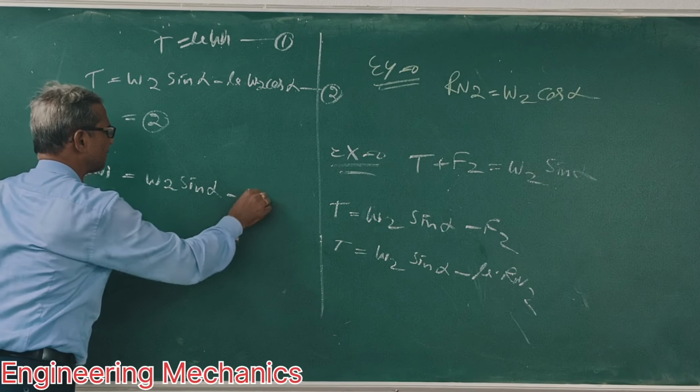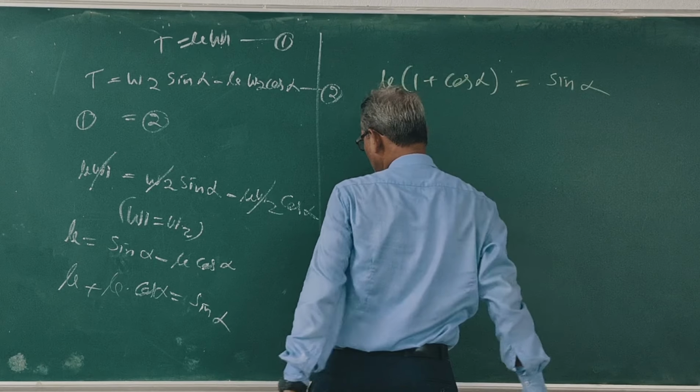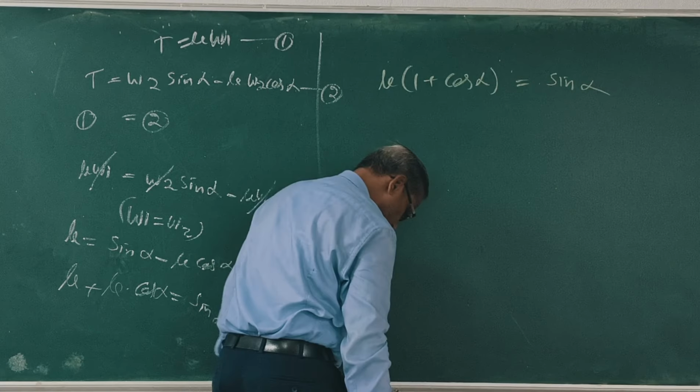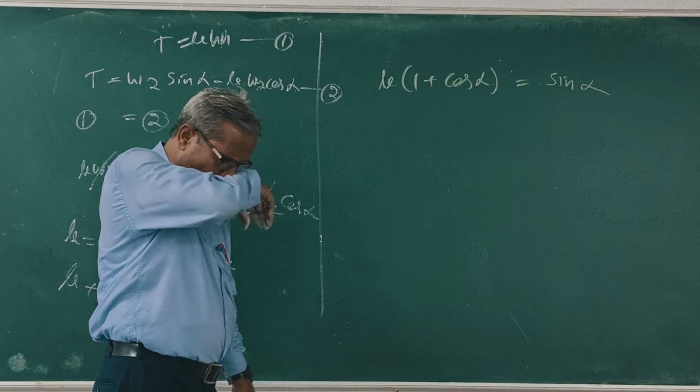So mu into 1 plus cos alpha is equal to sin alpha. So mu into, what is 1 plus cos alpha? 2 cos square alpha by 2. Clear?